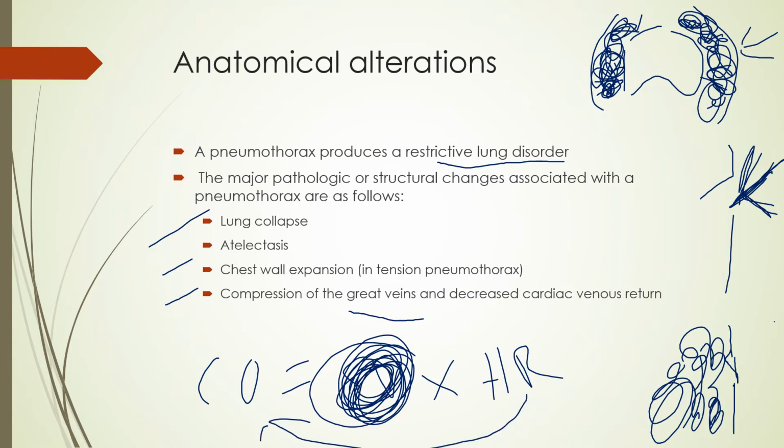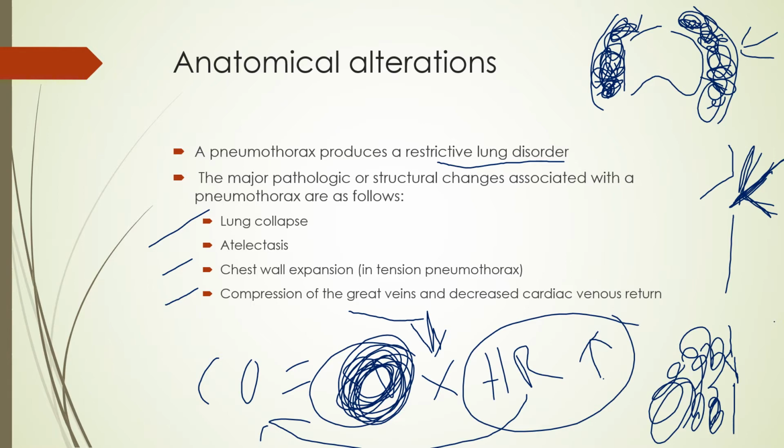Is it going to go faster or slower? Well, mathematically, if our stroke volume decreases, the only way to keep a good cardiac output would be for the heart rate to compensate and increase. So you would see a pretty significant tachycardia. And I hope this makes sense to you a little bit, but we'll get to it here soon.